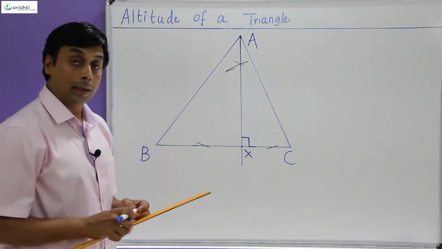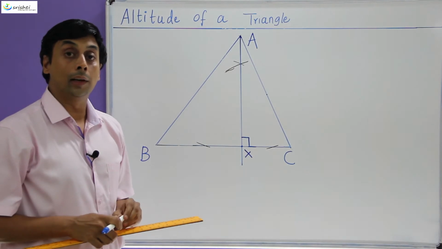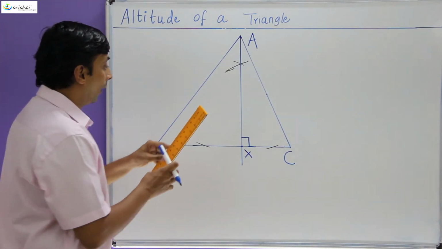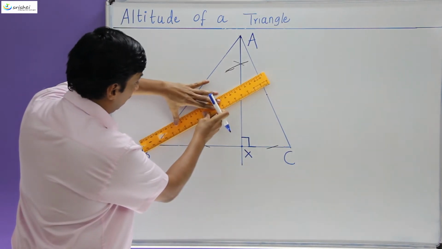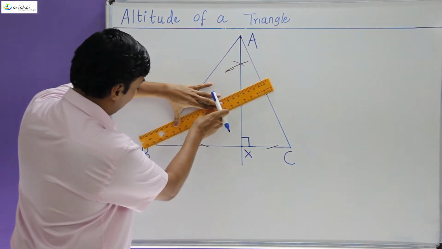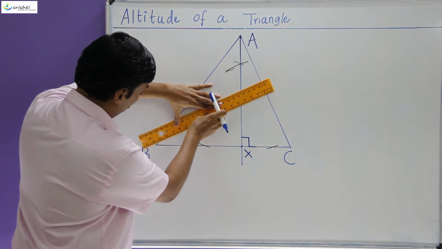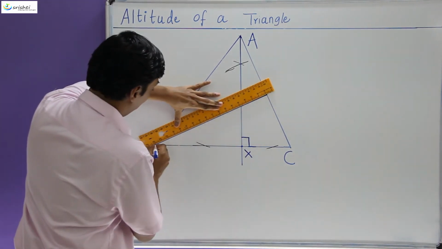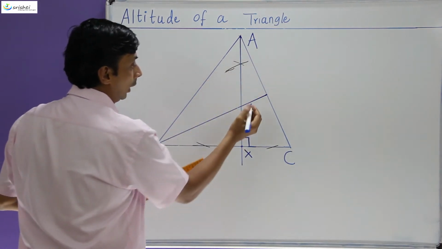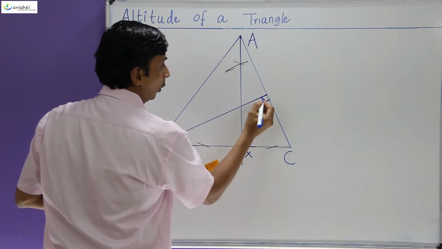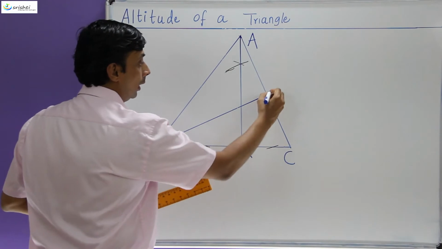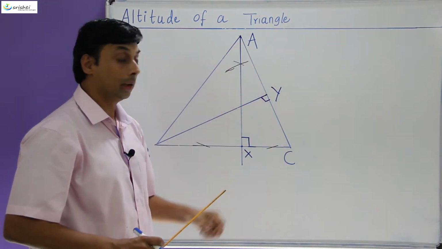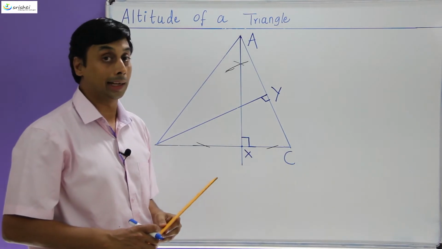Now there are three vertices in this triangle, so I can construct three altitudes, one from each vertex. If I construct the altitude from the point B using the same procedure, then I get this as my second altitude. This line segment is also perpendicular to AC. Let me name this point as Y. So BY is perpendicular to AC, which is why it is the second altitude.